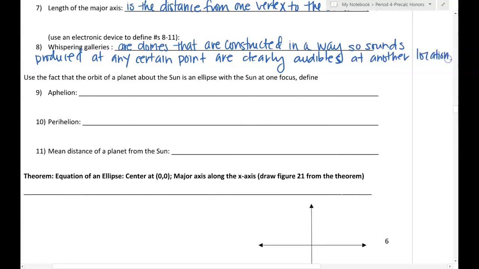And we need to know this fact because this will be used in our application later, okay?